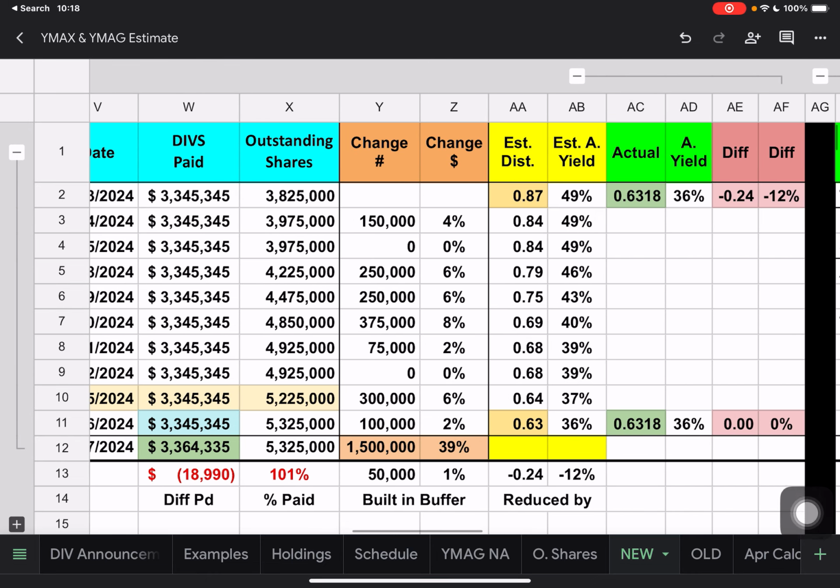And then here, as far as reduced by, again, if you had held the underlying with a similar percentage, your average would have been about 87 cents a share for your portfolio if you had created one similar to the YMAX project that I'm doing.